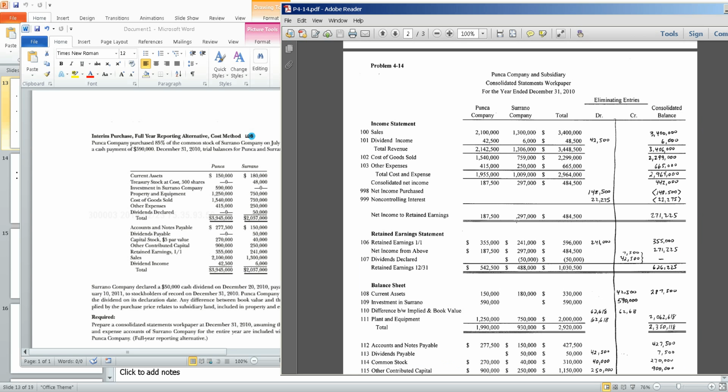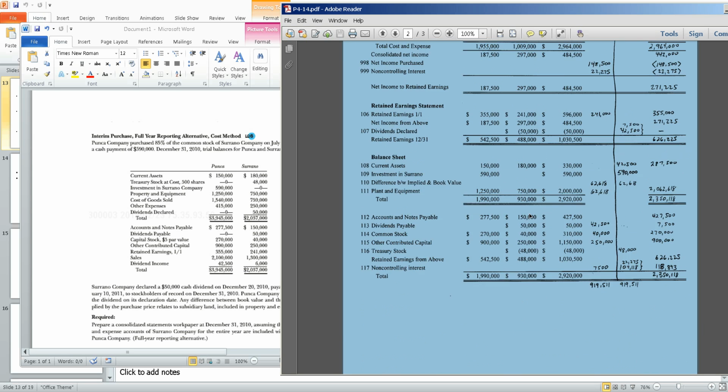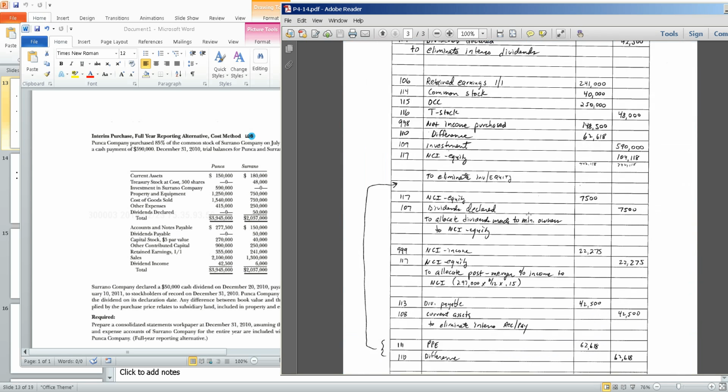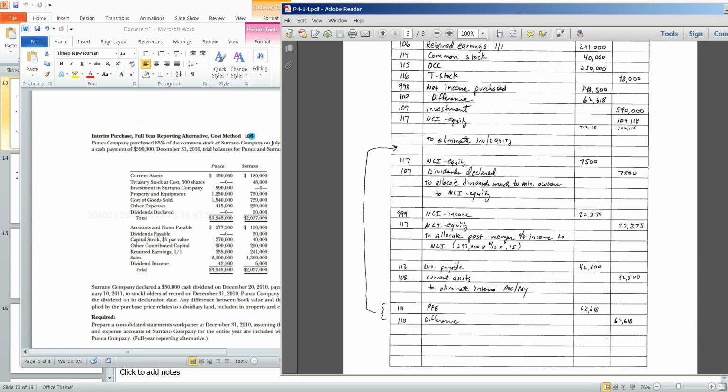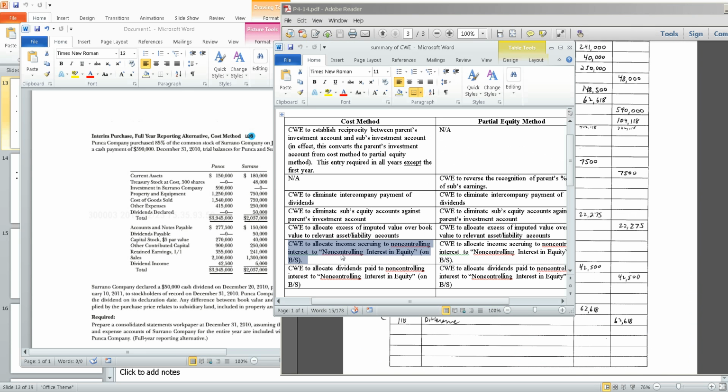So the sub had income of $297,000. Of that $297,000, $148,500 arose from the beginning of the year to the acquisition date, and the other $148,500 arose from the acquisition date until the end of the year. It's the post-acquisition earnings of the sub that we need to prepare an adjusting journal entry for here, or a consolidated worksheet entry here in this step.